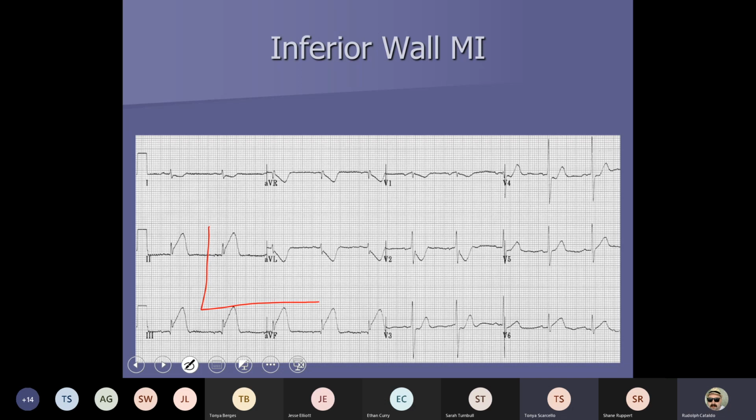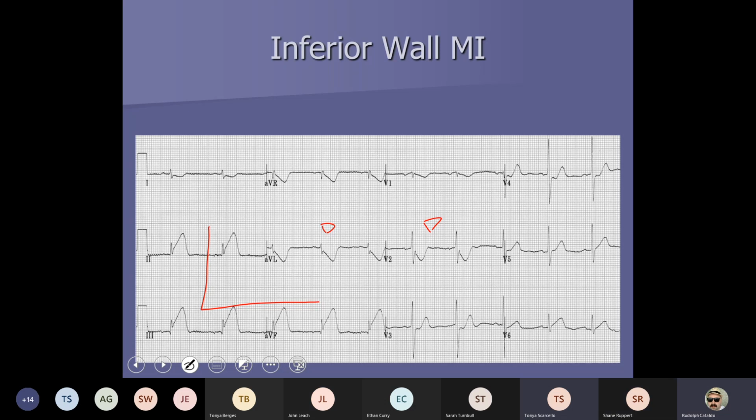What leads do I have depression? V2 and AVL. Okay, so I have depression in V2, I have depression in AVL. Yeah, I'd say that's major depression in those leads.